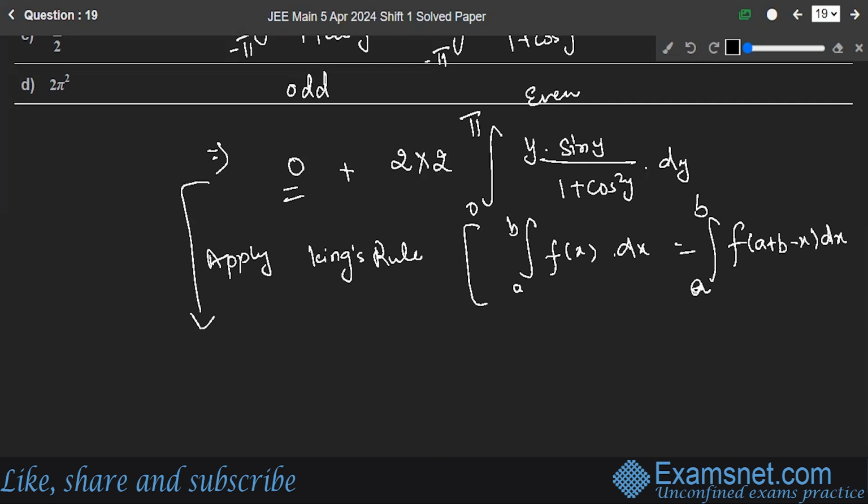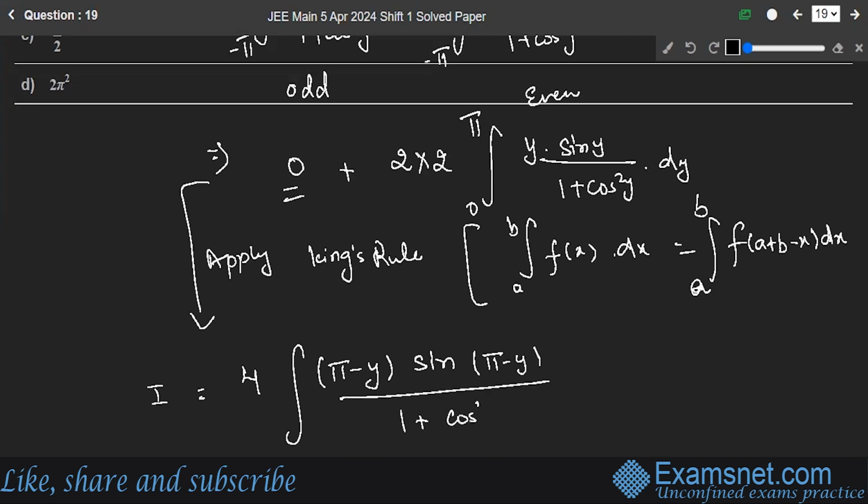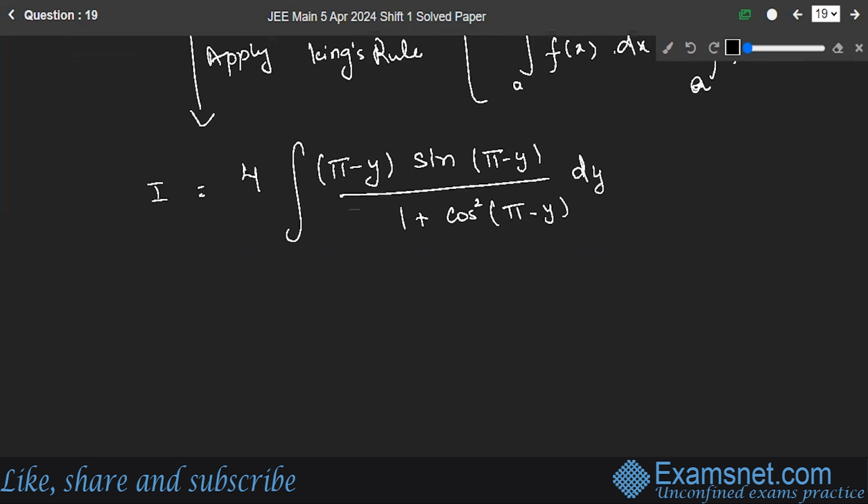So applying the King's rule, this I will be given by 4, and here will be 0 plus pi minus y. So this will give me pi minus y, sine of 0 plus pi minus y, again 1 plus cos squared of 0 plus pi minus y. This will be this.